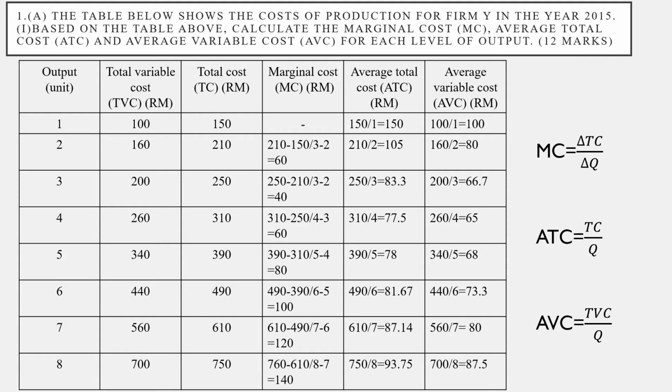And average variable cost, the formula is AVC equals TVC divided by Q. Example, 700 divided by 8 equals 87.5. This is all the calculation of this part.